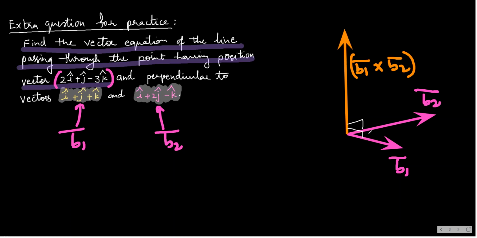This vector is perpendicular to both b1 bar as well as b2 bar. Now what does that mean? It means this vector is parallel to the required line. Why? Because the required line is also perpendicular to these two vectors.